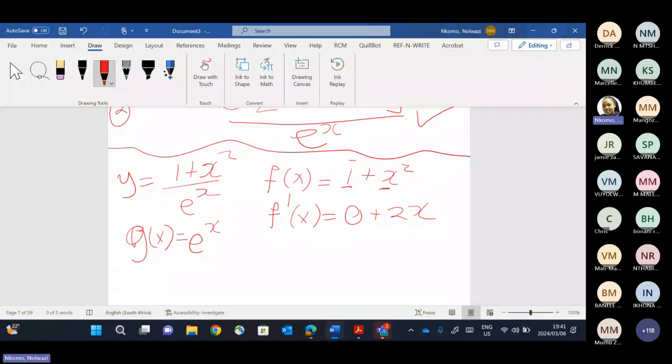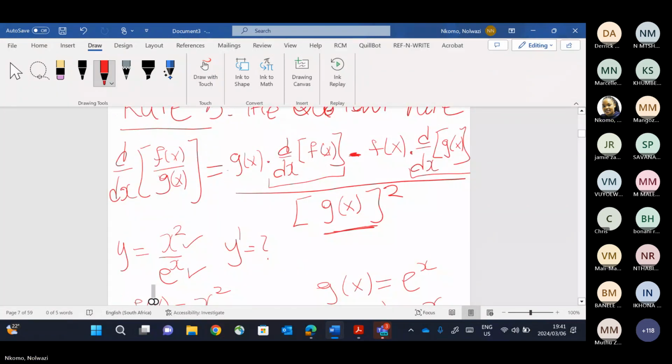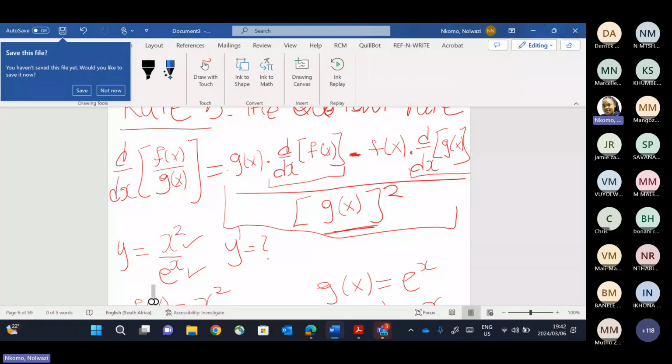Here we are using rule 1, we are using rule 2. The derivative of e to the power x is e to the power x. Then you take everything and substitute back into your formula. If there is a need to simplify, you simplify. If there is no need, then you leave it like this.